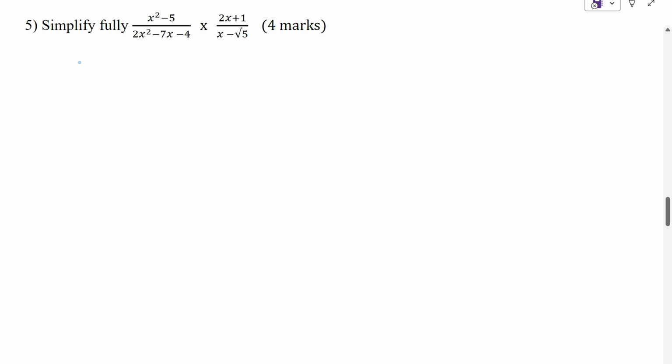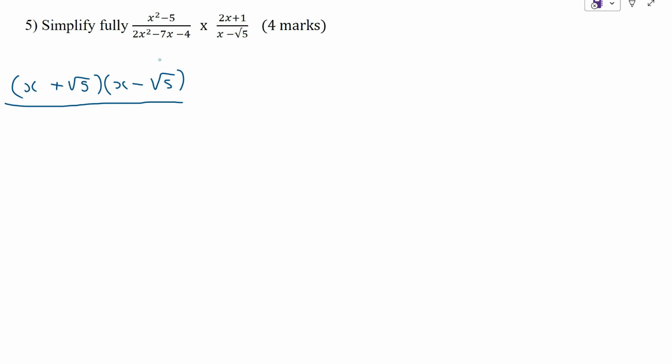Okay, question 5. We are simplifying these two fractions. So before we go ahead and multiply, let's try and factorize any of these if we can. So I can see straight away that this numerator here can be factorized with the difference of two squares, because root 5 multiplied by root 5 gives us 5 on its own.